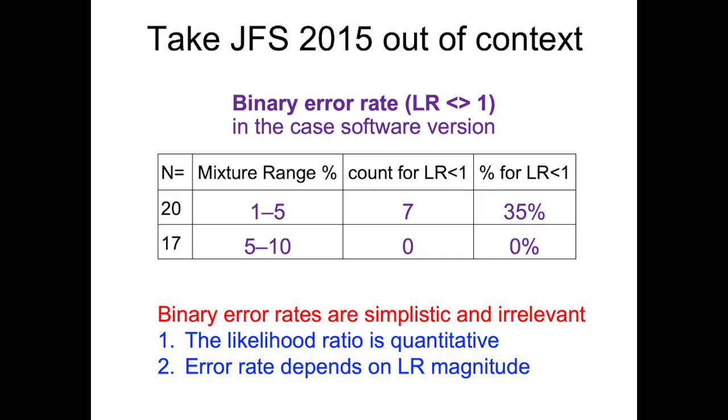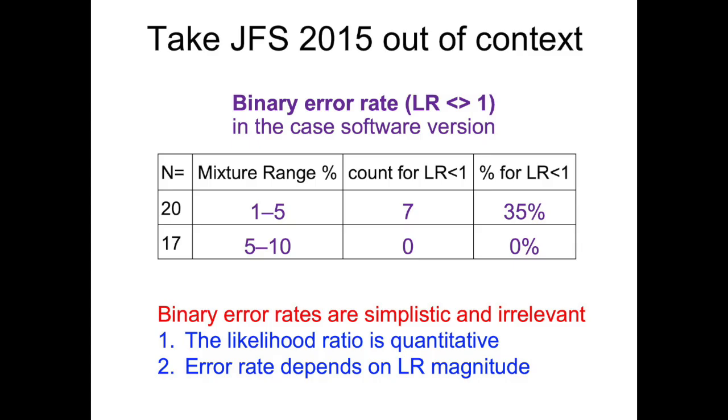We see that the argument they're trying to make is that in a mixture range of 1 to 5%, there were 7 counts for a likelihood ratio of less than 1, that was 35%. And for another 9 comparisons in the mixture range of 5 to 10%, well, in this case, there were none when you recalculated. So looking at match statistics under 5%, TrueAllele has a 35% error rate.